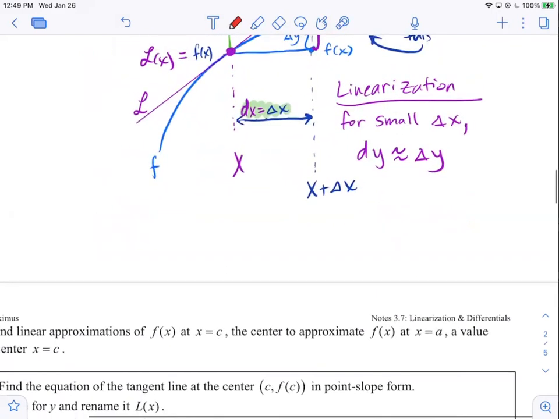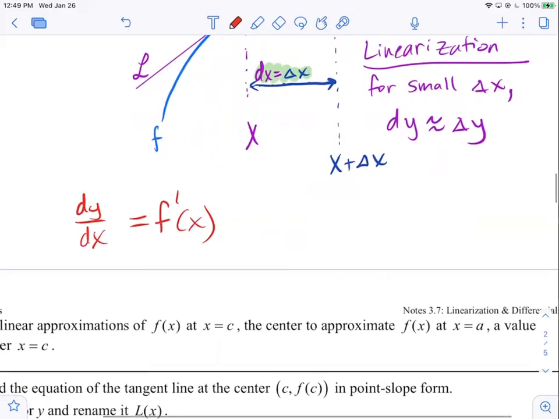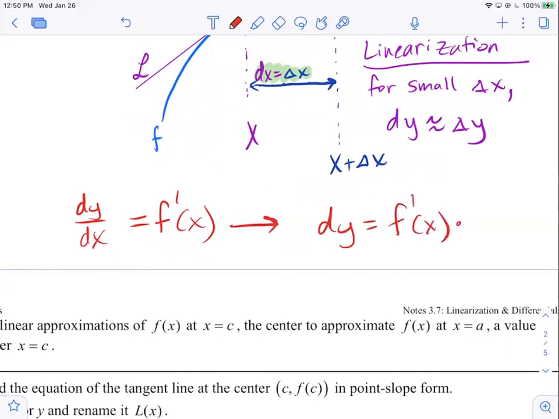So when we get into integrals, here's what we could do. We can say that the derivative of y with respect to x is of course f prime of x. But what we can do, since these are individual quantities, is multiply both sides by dx, and this becomes the differential of y is equal to f prime of x times the differential of x.